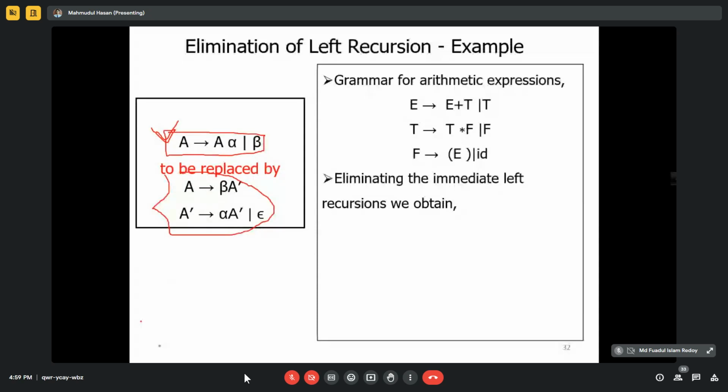So suppose x plus y plus z plus k. I think this type of problem you solve in your intermediate or high school level.